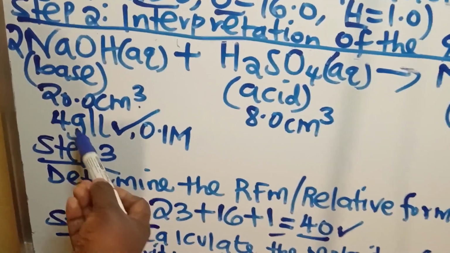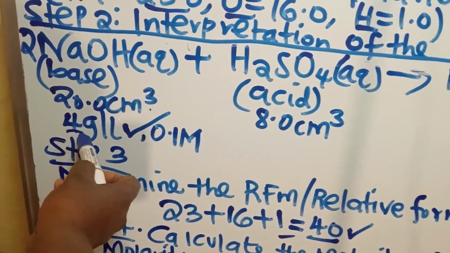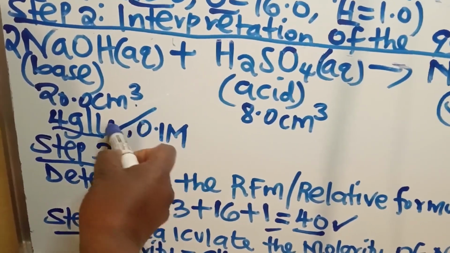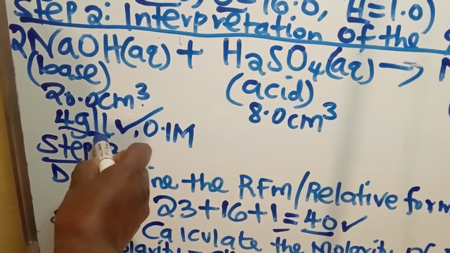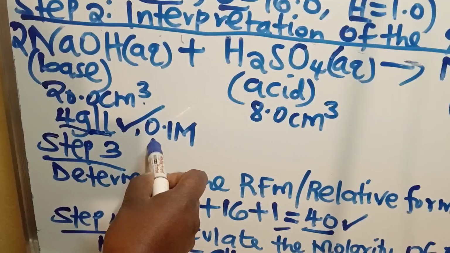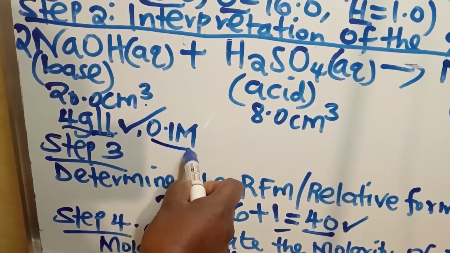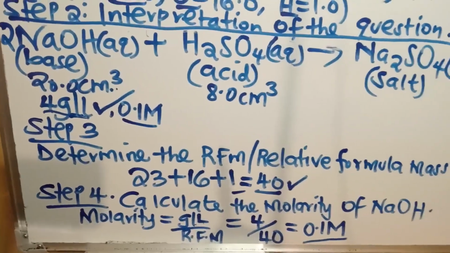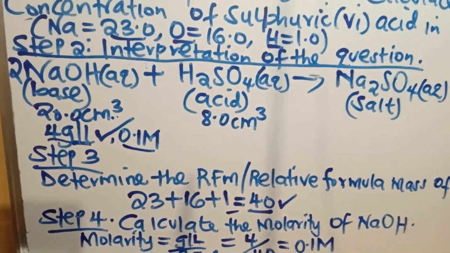So meaning, going forward, this value will not be used again. That's why we have put a tick to this one, 4 grams per liter. So next, we should have a step where we will use this value now and this other one. And again, we tick them once we are through with them.